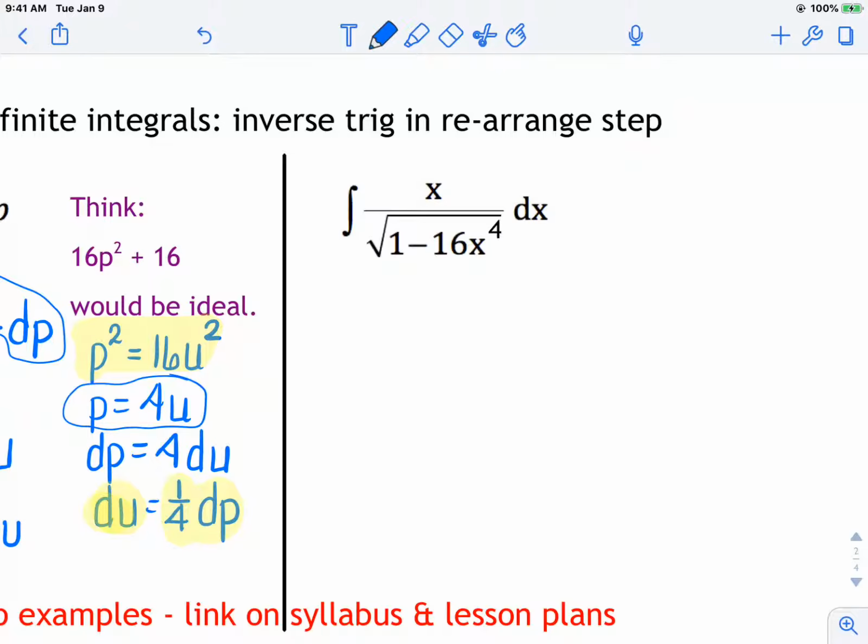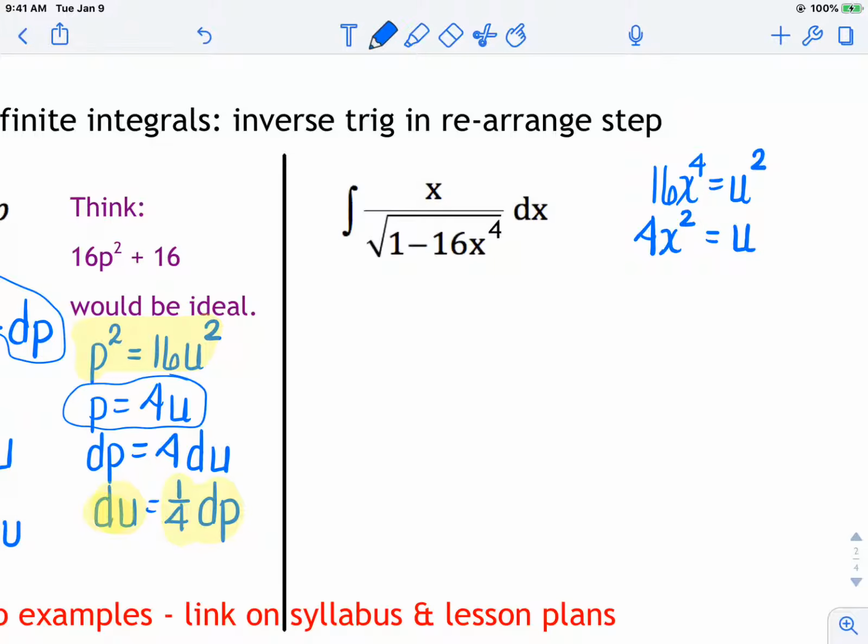So in thinking through not what I want to pick as my u, but what I want to replace that 16x to the 4th with, I would like that 16x to the 4th to be replaced with a u to the 2nd power so that I can get the denominator to be the square root of 1 minus u squared. That's reminding me of the inverse trig derivative. So therefore, I'm going to take the square root of both sides and keep only the positive one here. So I'd be letting u be 4x squared.